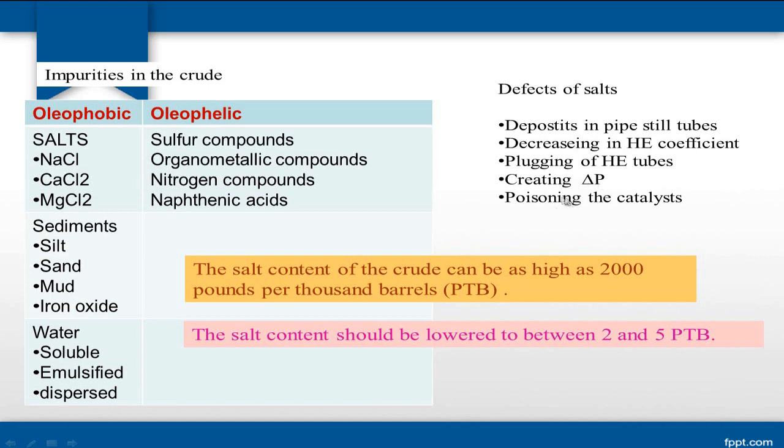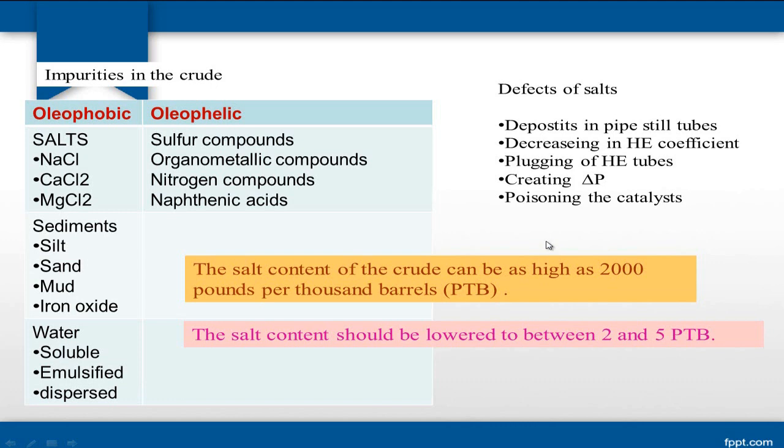And the last one, the salt here, chloride, can poison the catalyst. What I mean is not only the catalyst upstream, but also the catalyst in downstream processes.